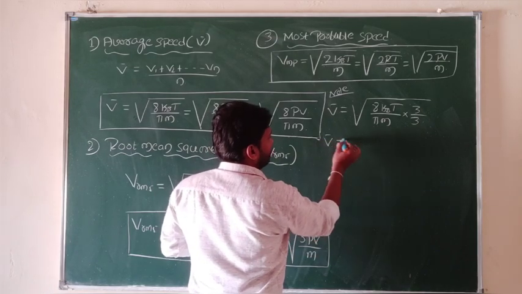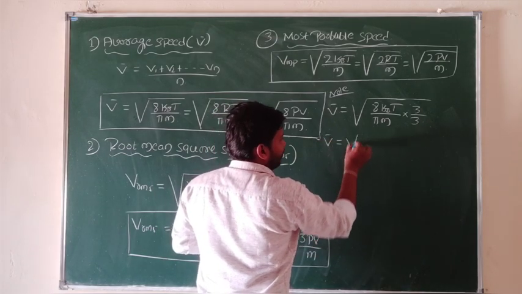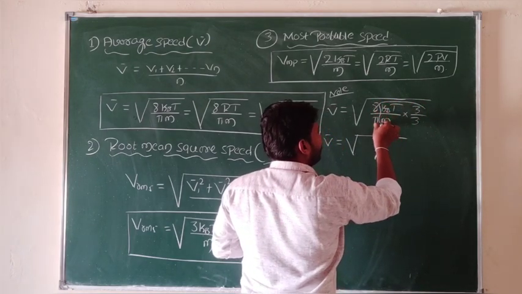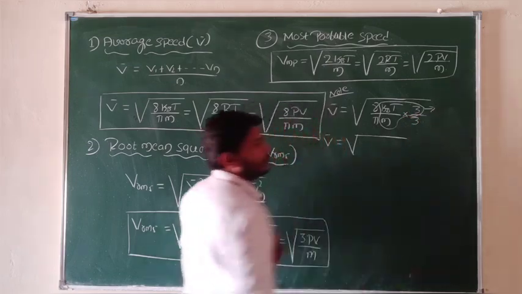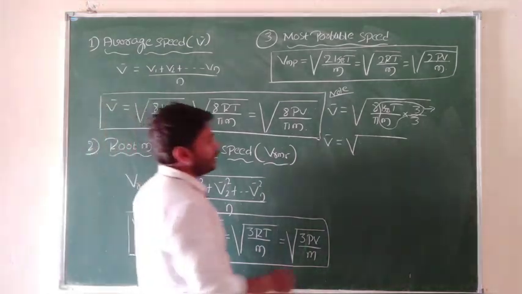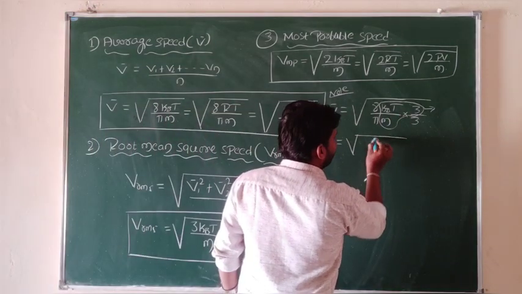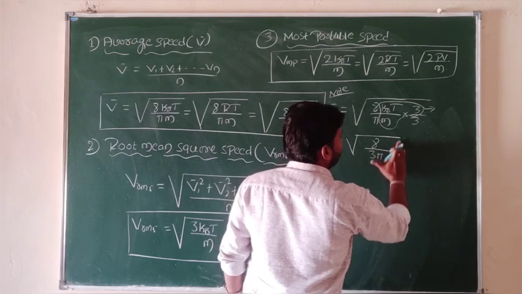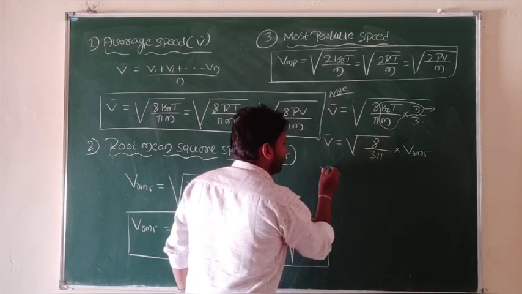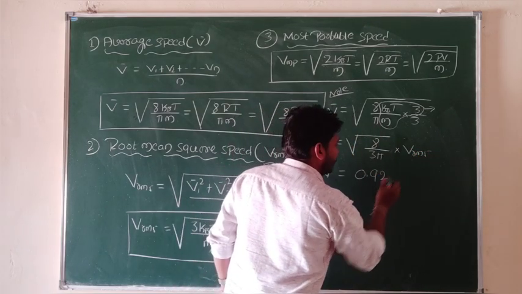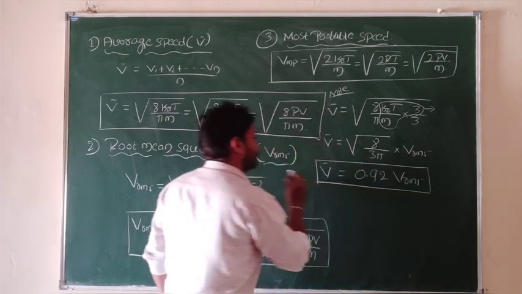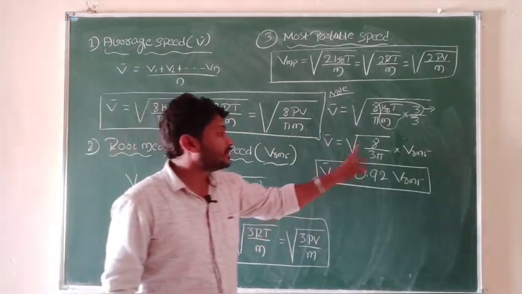If I do that, average speed is equal to the square root of 8 by 3 pi times 3 kB T divided by m, and 3 kB T divided by m is nothing but VRMS. So if I calculate, it is nearly 0.92 times VRMS. So average speed is equal to 0.92 times VRMS.